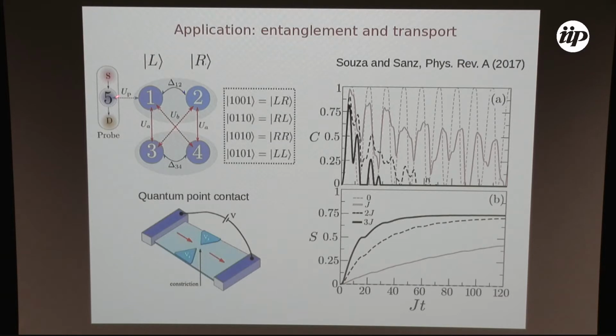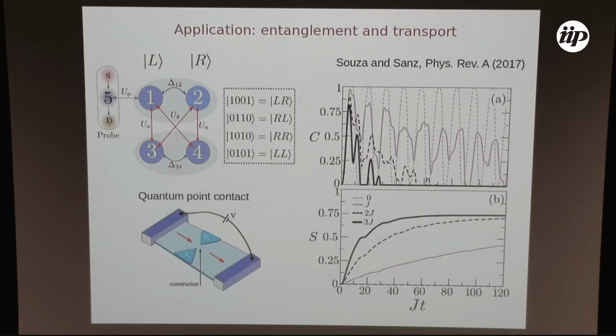So let's suppose, for instance, that dot 1 is occupied by 1 electron. When an electron coming from the source to the drain in the probe tries to pass through level 5, it will feel that dot 1 is occupied, which is basically called Coulomb blockade.